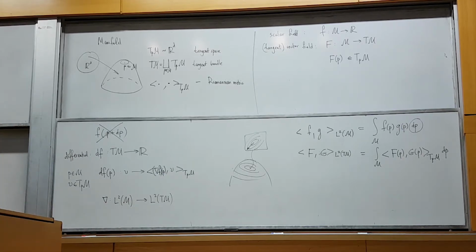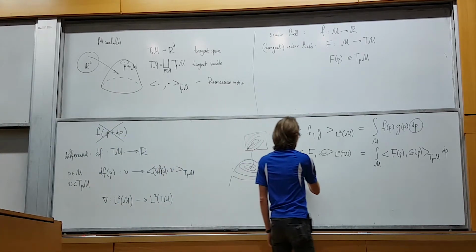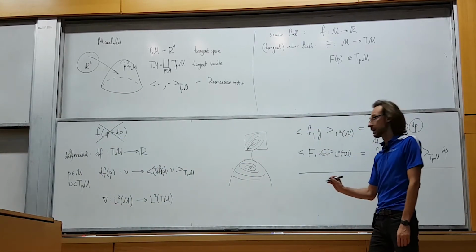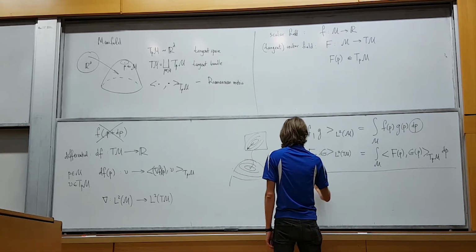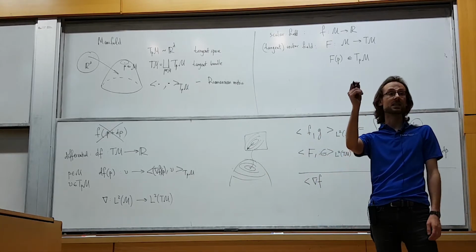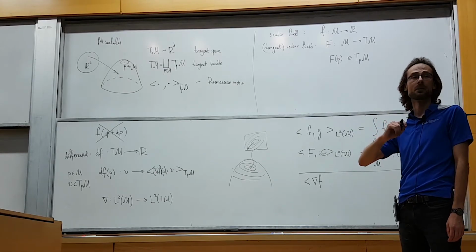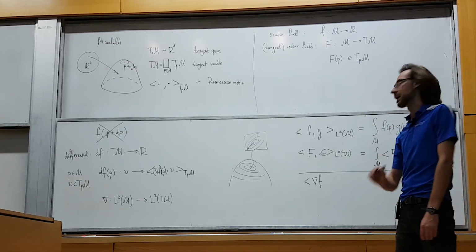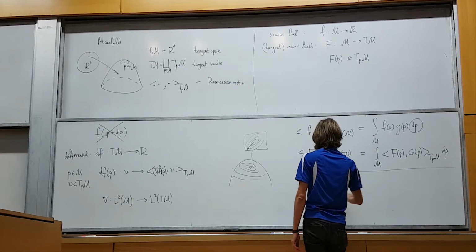Now, once I have the gradient, I can define its formal adjoint operator. Just remember what an adjoint operator is. It is defined this way. I take the gradient of f, where f is a scalar field, and it gives me a vector field. I take an inner product of this vector field with another vector field g.